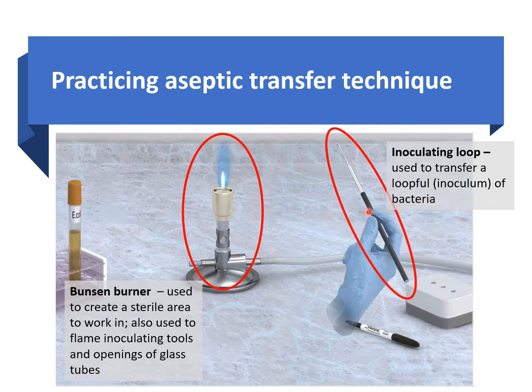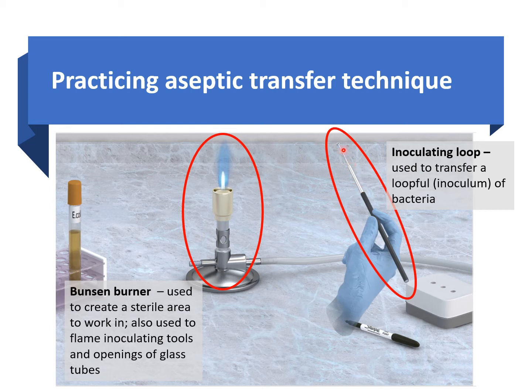Now, inoculating loops, first of all, what are they used for? Inoculating loops are used to transfer a loopful of bacteria. We use them to grab basically a sample of a bacteria. So what do we call a sample of a bacteria? We call it an inoculum.